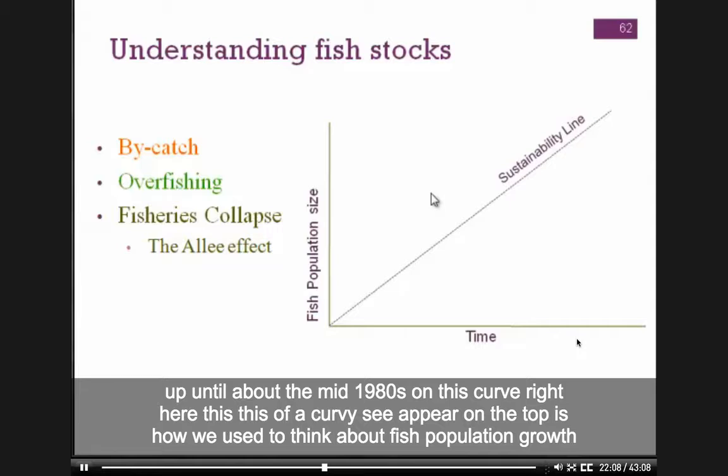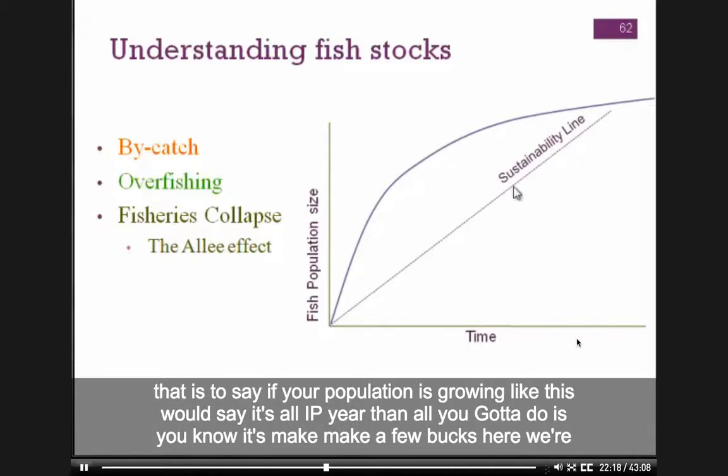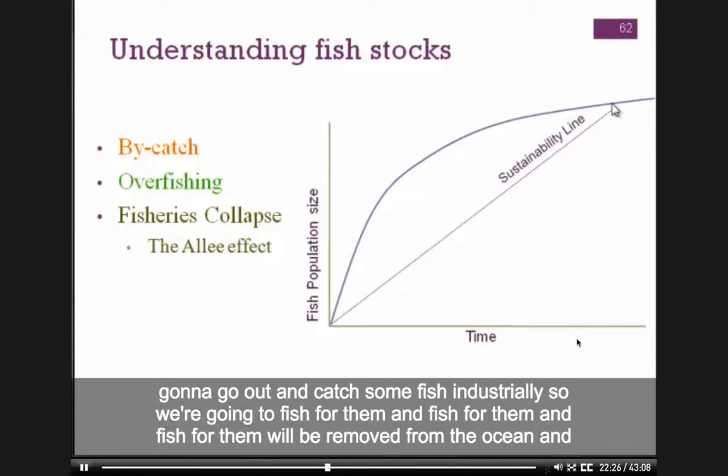Up until about the mid-1980s, this curve right here, this curve that you see up here on the top, is how we used to think about fish population growth. That is to say, if your population is growing like this, let's say it's all the way up here, then all you got to do is, let's make a few bucks here. We're going to go out and catch some fish industrially. So we're going to fish for them and fish for them and fish for them.